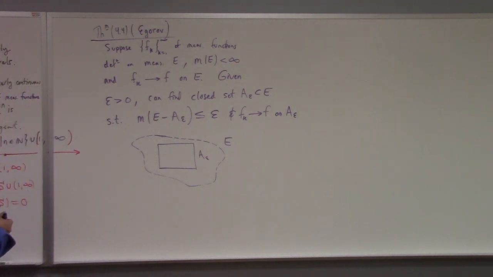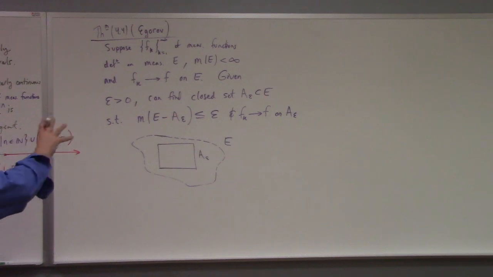What's E minus A epsilon? So that's on the edge, right? What's the importance of closed here? What does it have to do with uniform convergence?